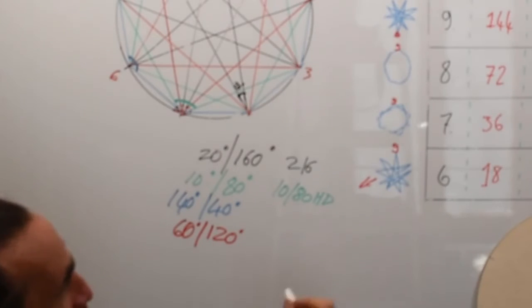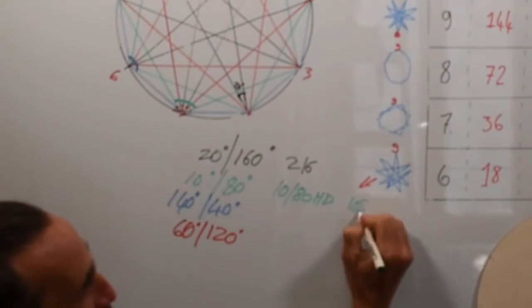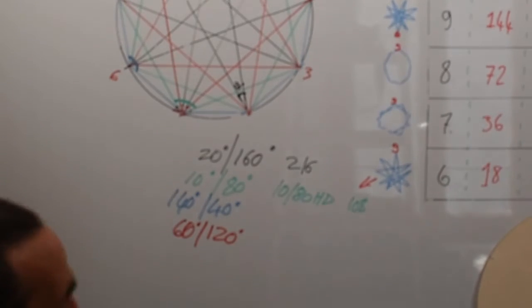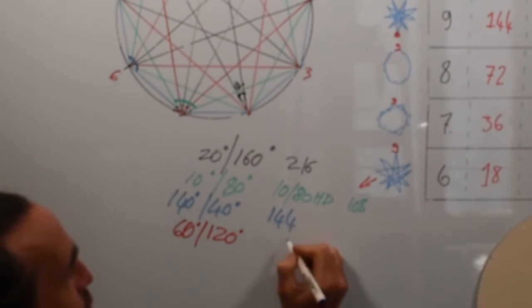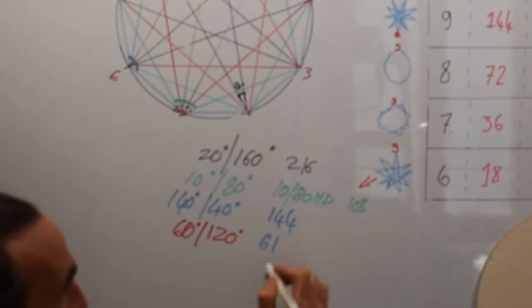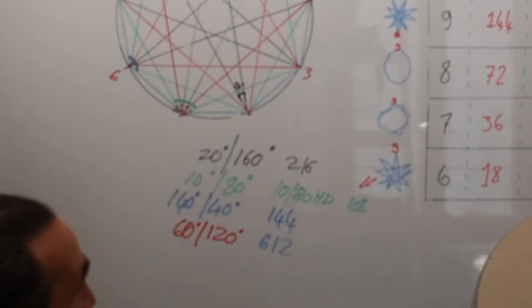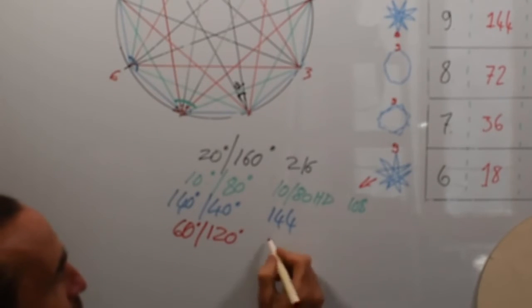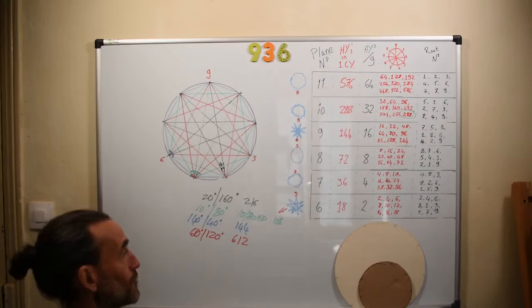But this is also 108. Here, dropping zeros to give us 144, and here 612. Even though it's in blue, it should be in red, just to correspond. 612.